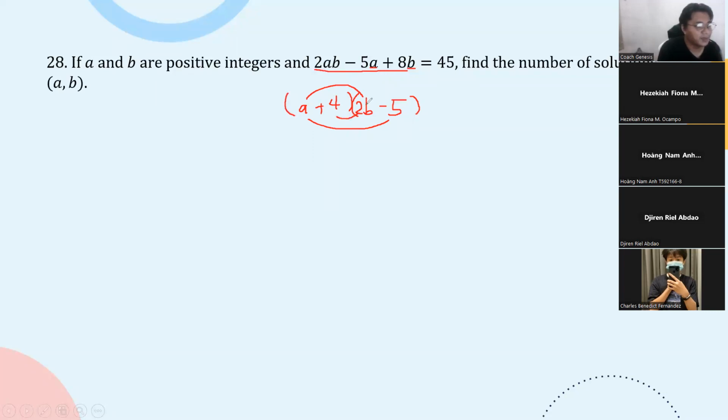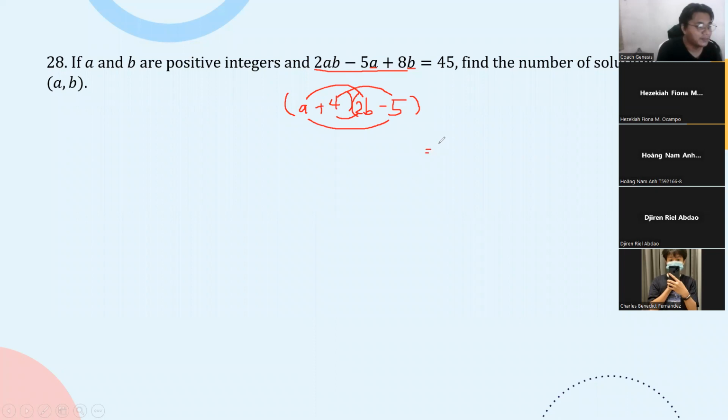And since you are multiplying two binomials with different variables, then you must expect 4 terms here. However, you only have 3. So which means that we are lacking something, which is 4 times -5, which is -20. So that means that we must add -20 to both sides of the equation.